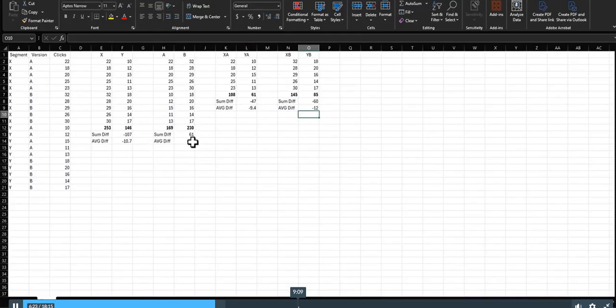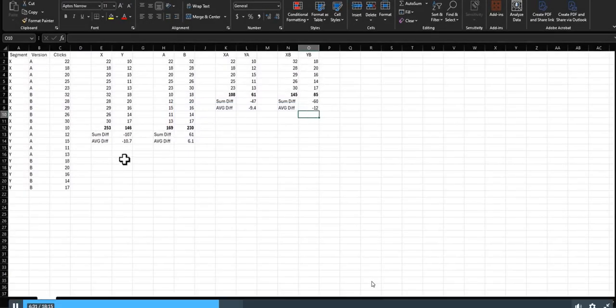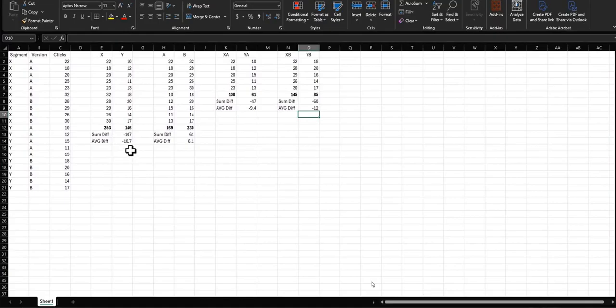And then the same thing over here. Now, these two numbers are just there to inform us sort of how the wind is blowing for these things. We just want to know in what direction they are moving. In this case, we're trying to see if there's a difference between the segments. Now we know that that difference is a negative difference for Y compared to X, a positive difference for B compared to A, a negative difference for YA compared to XA, and a negative difference for YB compared to XB.